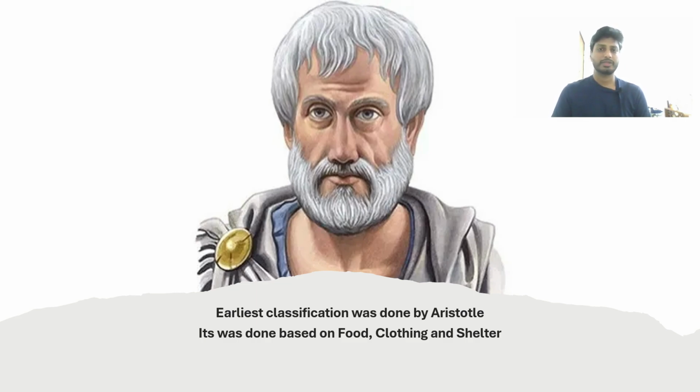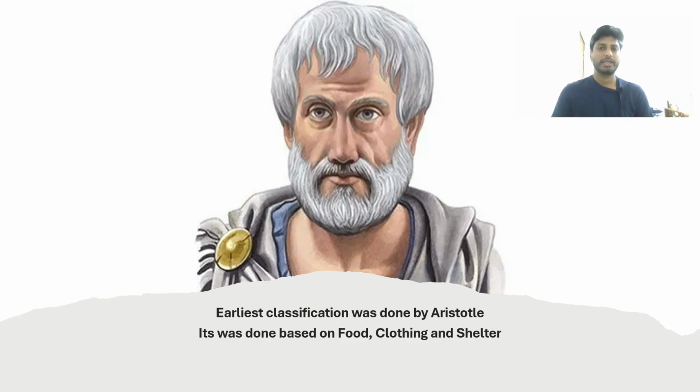Aristotle was the first one to actually start the system of classification. He was the earliest one to do the classification, and in his classification he classified humans based on food, clothing and shelter.